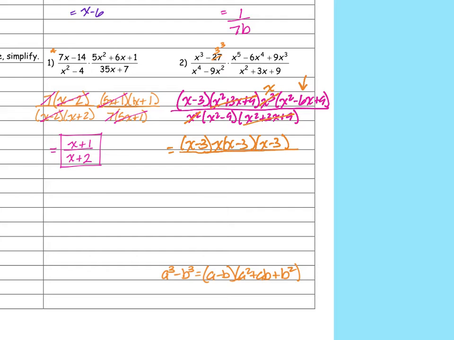All over x minus 3 times x plus 3. So an x minus 3 and an x minus 3 go away. And my final answer should be x times x minus 3 squared all over x plus 3. Whew, that's ugly. But sometimes you get ugly answers. So any questions?